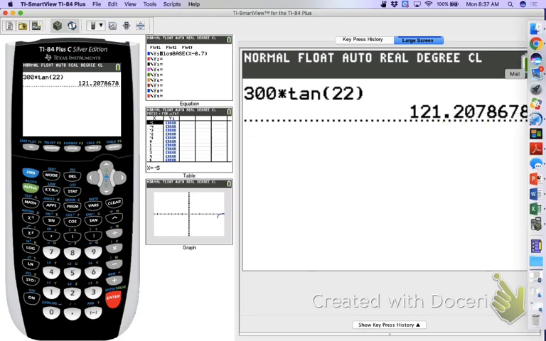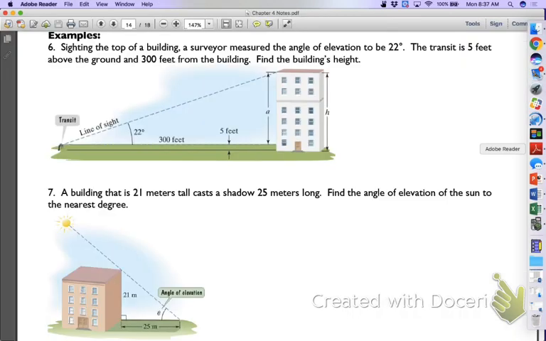Okay, so if I go back here, and it gives me that A is equal to, we had the 300 times tangent of 22 degrees was equal to A. So A is equal to 121 point, we'll just say 121.2.